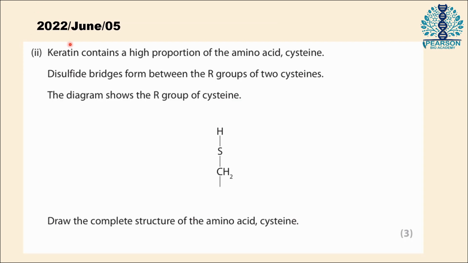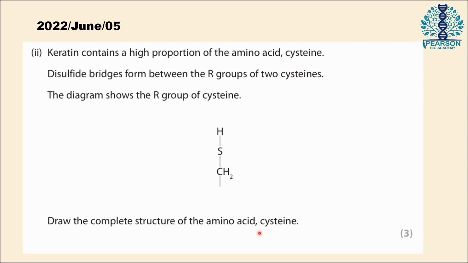Here we go with the first question. It's from the 2022 June paper. Now this question is part of a larger question and we will tackle the complete question later. For now, let's focus on this specific part. In this question, you are asked to draw the complete structure of an amino acid.